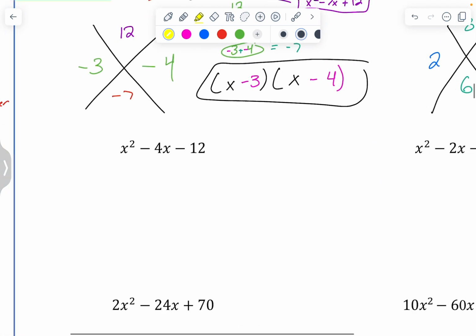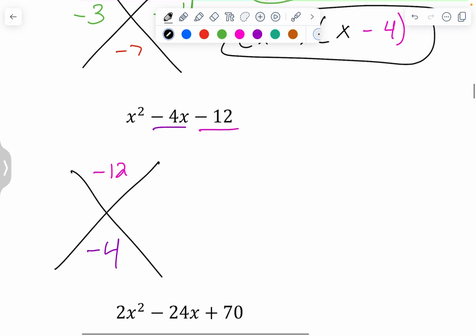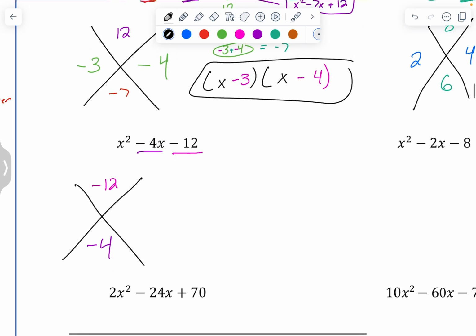All right, try a couple different ones here. Okay, now my constant is negative 12, so that sign that's out in front comes with. So I've got negative 12, and then I've got negative 4 here. Looking for factors of negative 12, I'm going to go to that factor chart and look for factors of 12. We already found them before: 1 and 12, 2 and 6, 3 and 4.